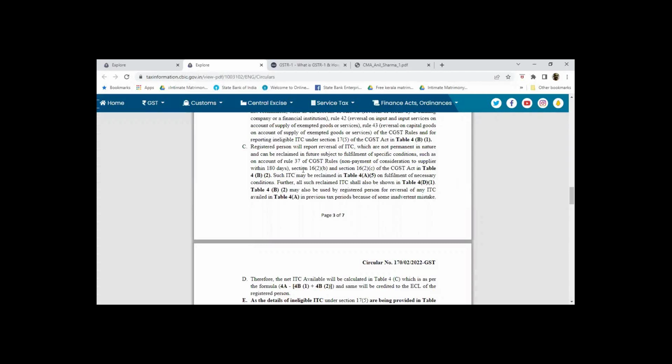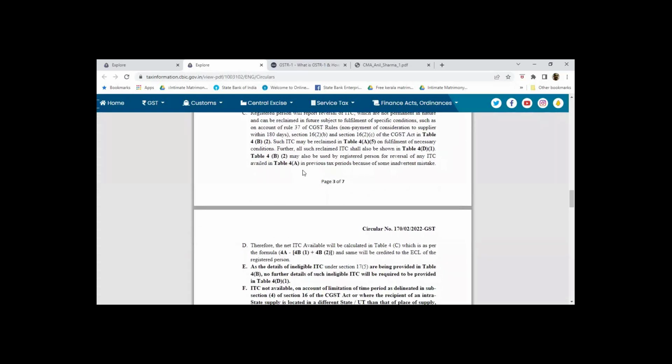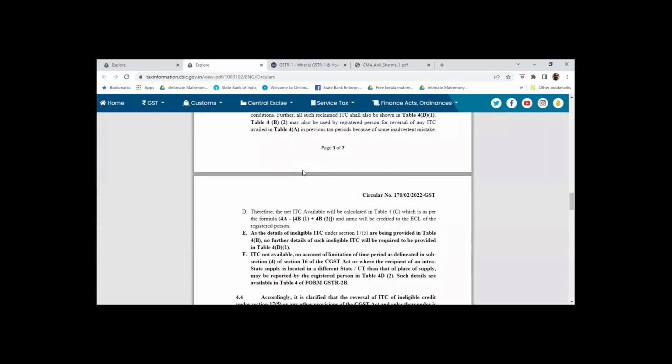If the taxpayer has not satisfied the condition as per clause B and clause C, the ITC should be reversed and such ITC can be reclaimed when the conditions are satisfied. The reversal is to be done in table 4B2 and the ITC can be reclaimed in table 4A5 on fulfillment of necessary conditions.